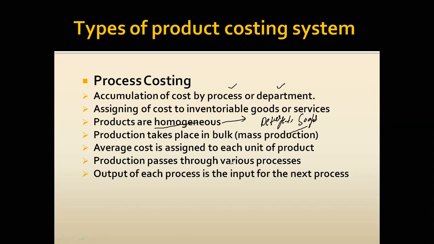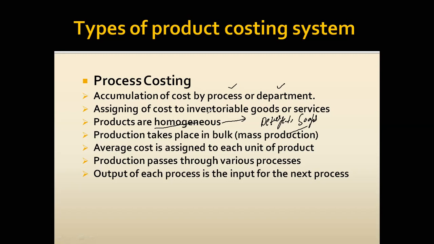Like in our previous video, when we talked about job order costing, we said that we apply job order costing in those industries where we are producing specialized goods, where the requirements of each order are different. While here, homogeneous products, the same products we are producing. So in this kind of industry, it's more feasible for us to apply process costing.